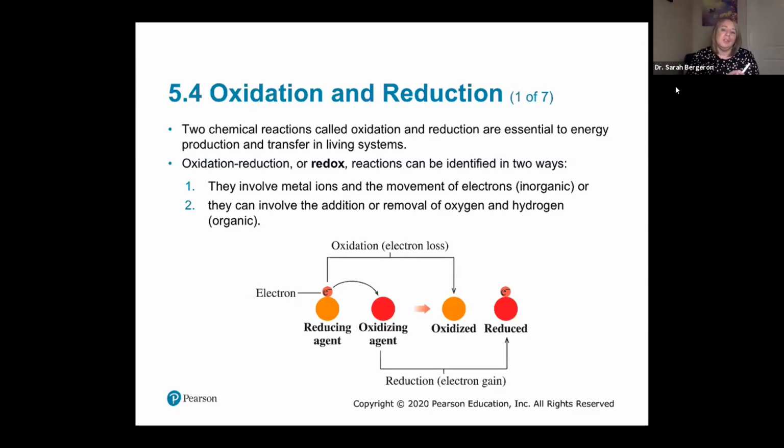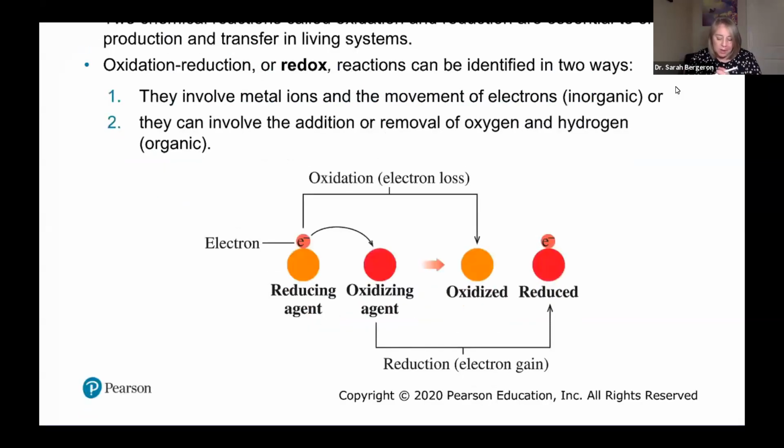What you see here on the screen is an example of oxidation reduction, right? Whenever you have an oxidation occur, oxidation is electron loss. So you have this orange circle. The orange circle started out with a set number of electrons, and one of those electrons is lost during the reaction. Well, where did it go?